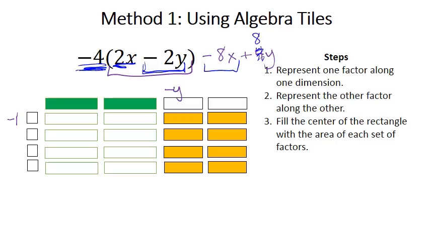Sorry about that, because there's 8 down here. Hopefully someone caught that before I did. So negative 4 times negative 2 will give me positive 8 and positive 8y. So hopefully you can see that what we've done is we've multiplied negative 4 by the 2x and then the negative 4 by the negative 2y. And this is called the distributive property.